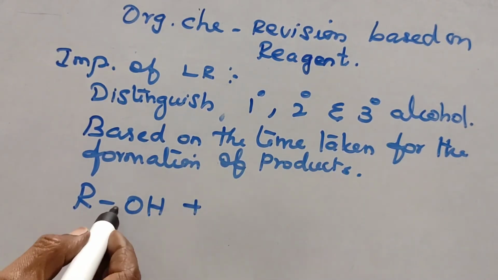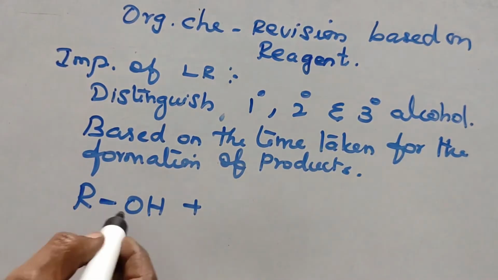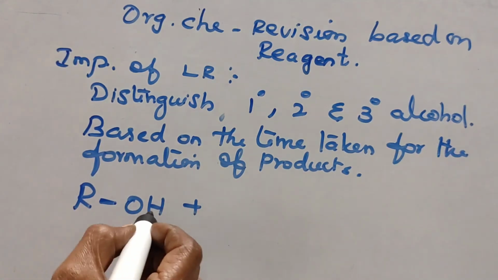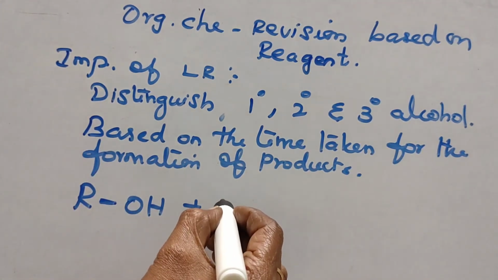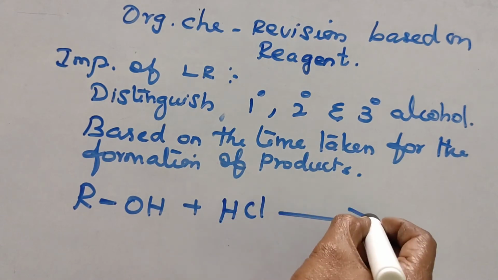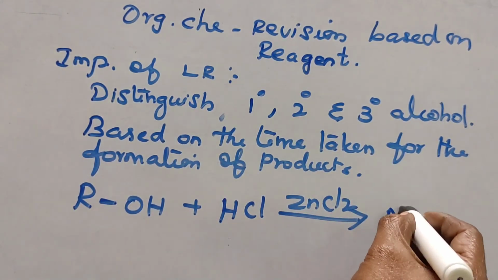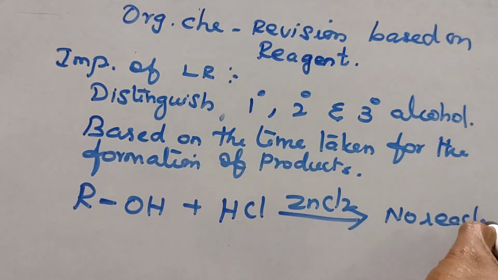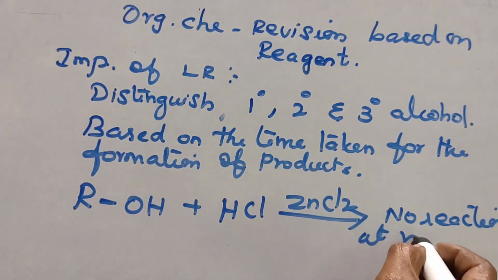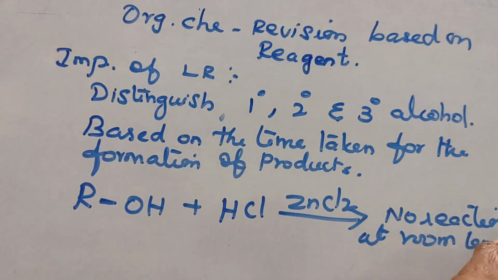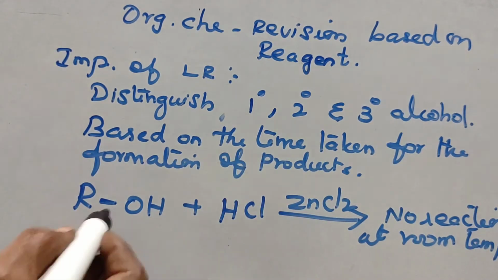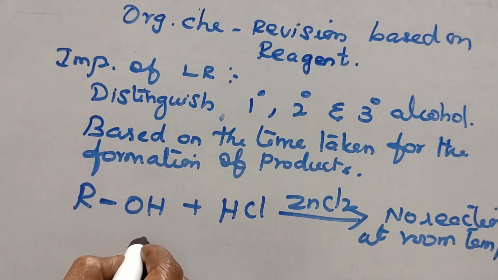With this primary alcohol, only one R with OH. Here HCl, ZnCl2. No reaction at room temperature, because this reaction follows the SN2 mechanism.